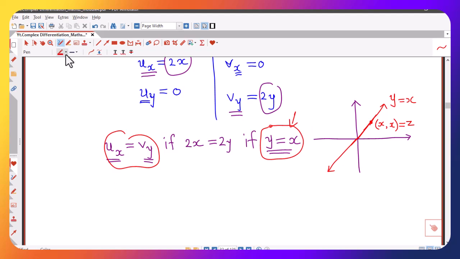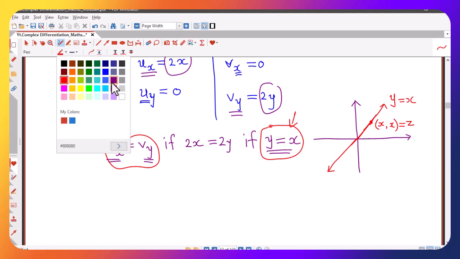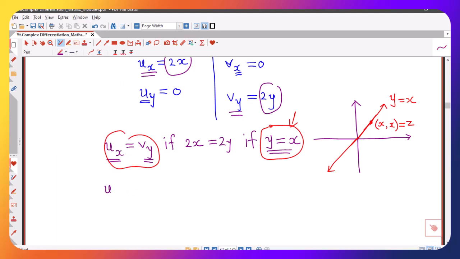Then for the second equation we determine the points. Del u by del y is 0 and del v by del x is 0, therefore minus del v by del x is also 0. So this equation is satisfied at all points because the right hand side is 0 for both the functions. Both the functions are 0 at all points.